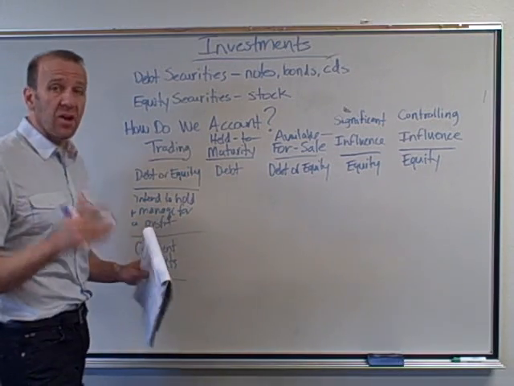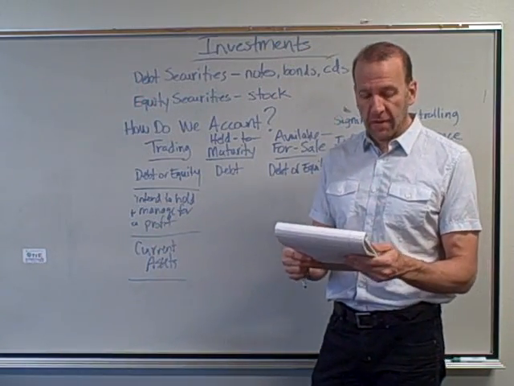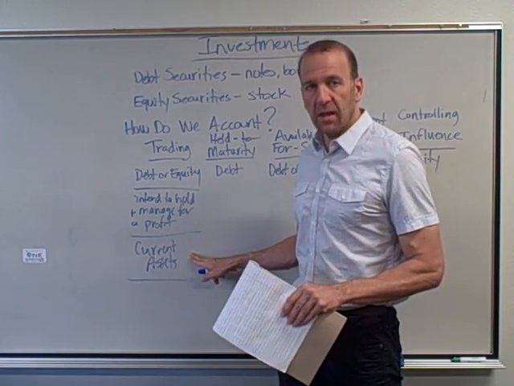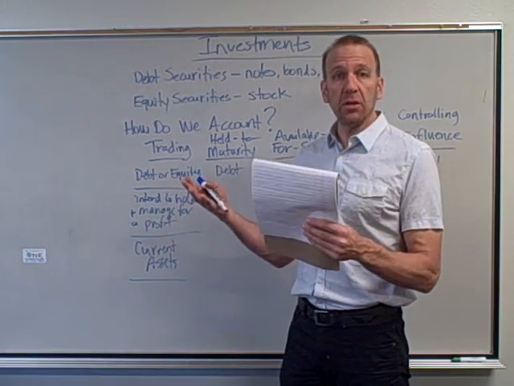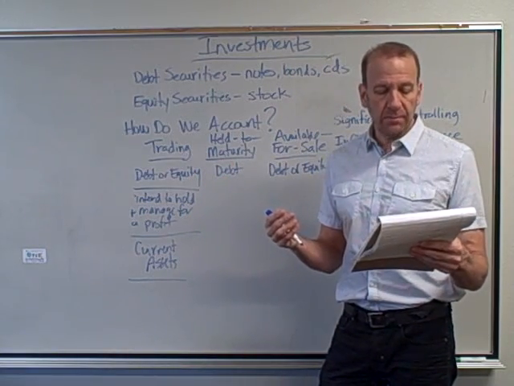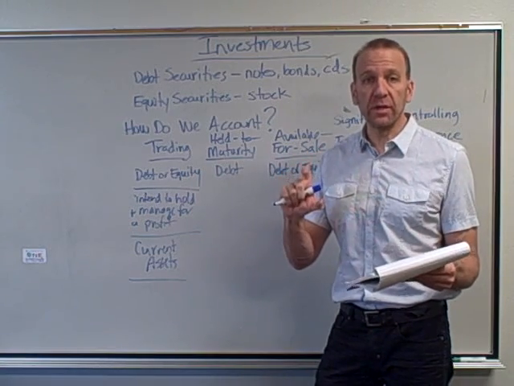We record them at cost, but we adjust to reflect fair value, okay? So we record these at cost, but then at the end of the period, if the total portfolio has gone up in value, then we will adjust to that fair market increase, okay?